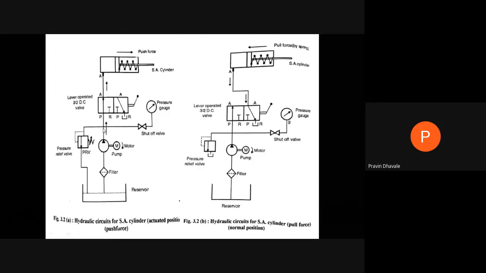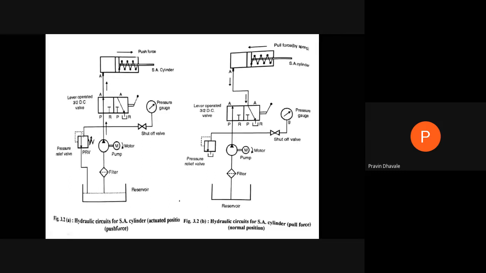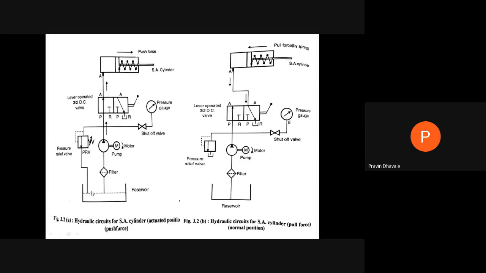If the pressure at the pump outlet is more than the set pressure of the system, at that time this pressure relief valve will sense the pressure at the outlet of the pump being more than the set value. At that time this valve will operate, and the surplus fluid will go back to the reservoir, right?